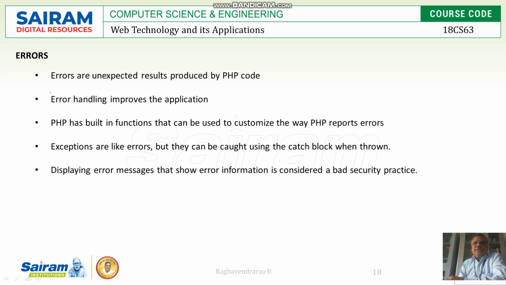Now errors can be unexpected results produced by the PHP code or any code. Error handling improves the application because whenever the error comes, only then will we understand where exactly some mistakes have been made. PHP has built-in functions to customize error reporting, so you can report the error by using some methods.